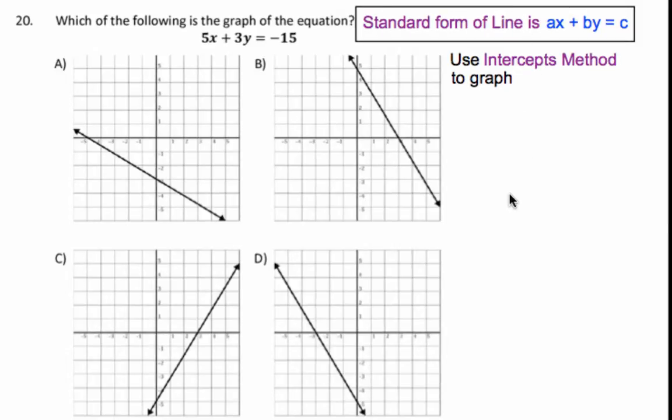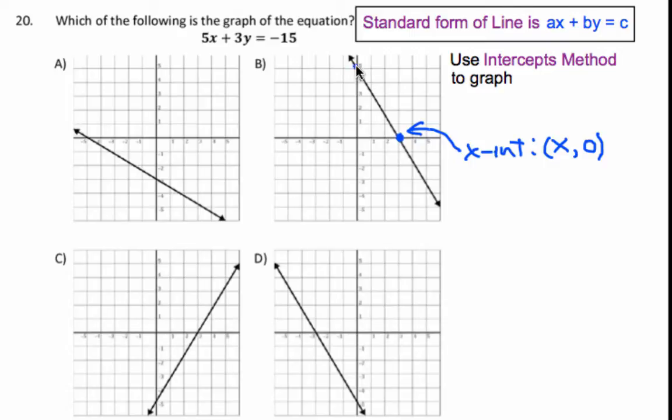To use the intercepts method, you need to know what the intercepts are. There are 2 intercepts. The first intercept is referred to as the x-intercept, and it's where the graph crosses the x-axis. You will not know what the x value is, but you will know what the y value is. It has to be 0, since you have not gone above or below the x-axis.